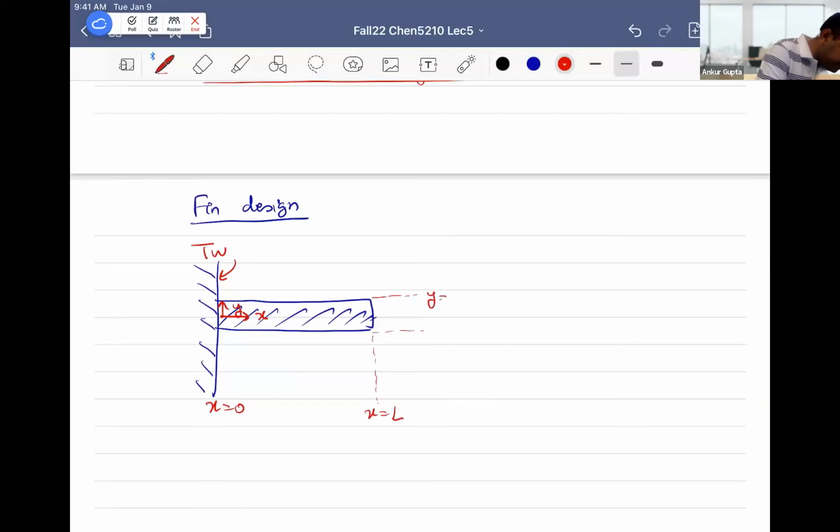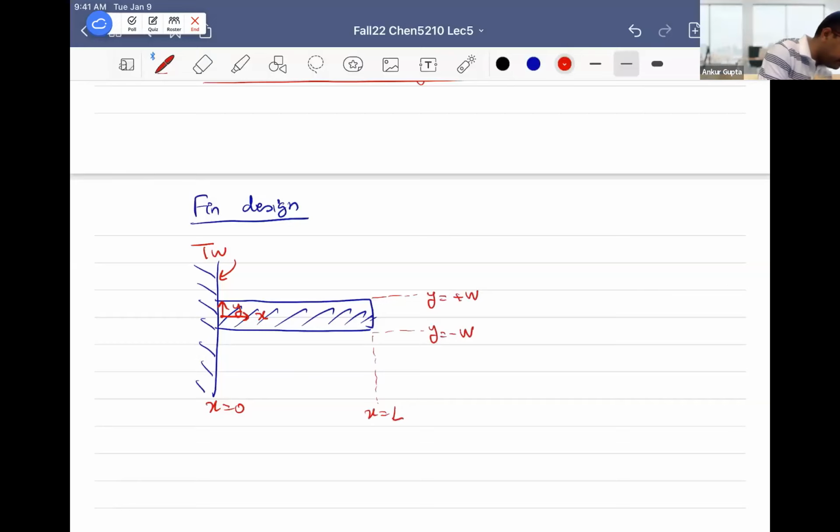We have added a rectangular pin to a solid wall, a solid material at temperature T_W.